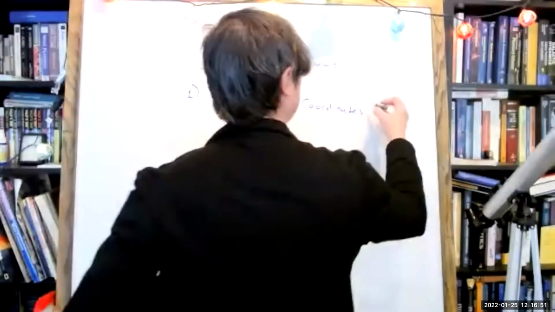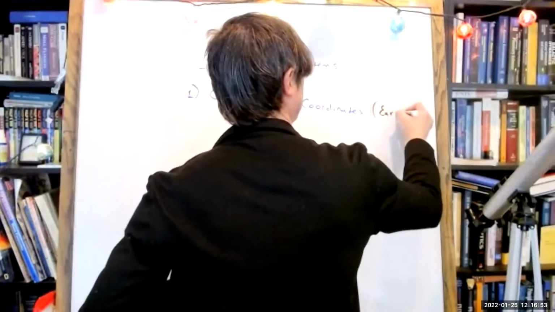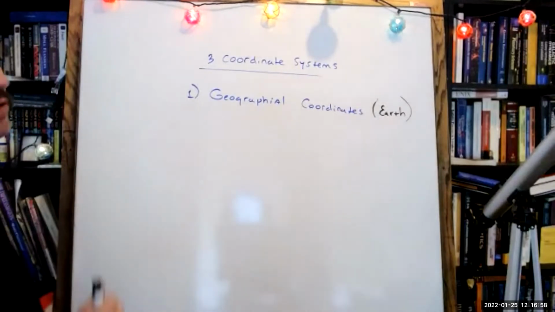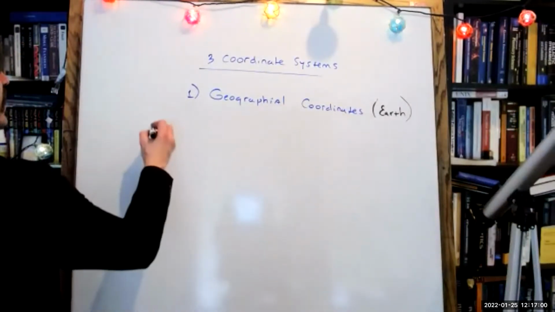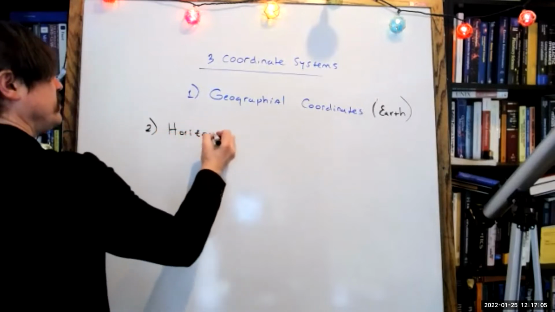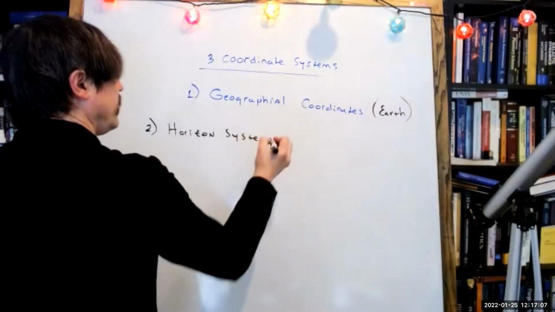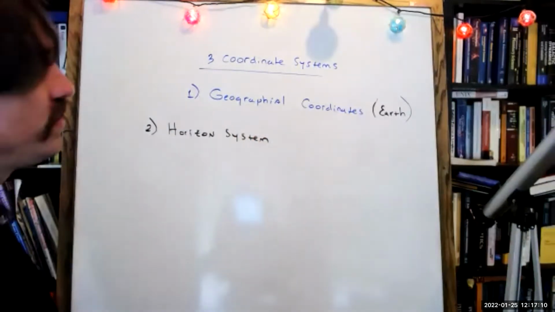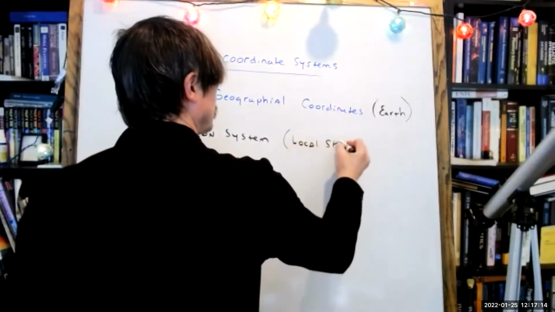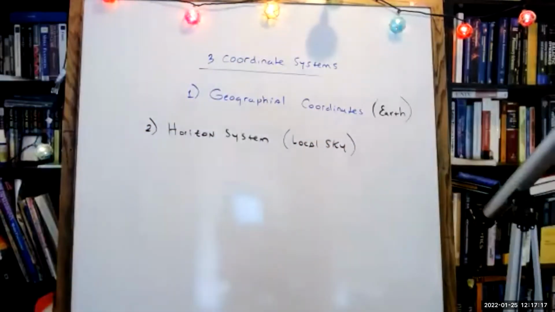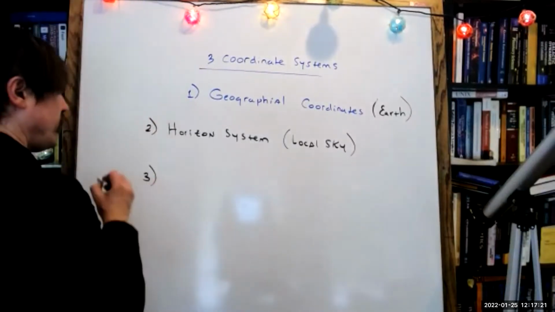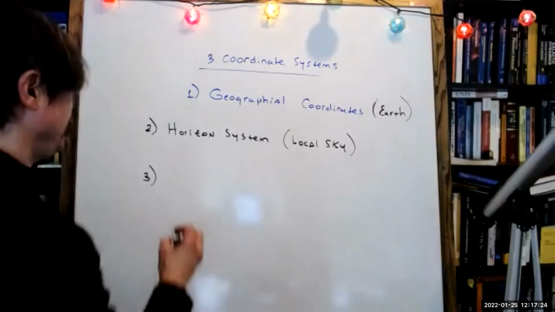Geographical coordinates are used to describe your position on Earth. And then we're going to have two separate coordinate systems for our sky. The first is called the horizon system, and it is useful for describing the position of a star on our local sky. Then we have the all-important equatorial system.